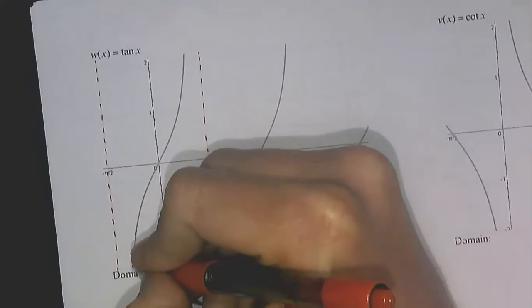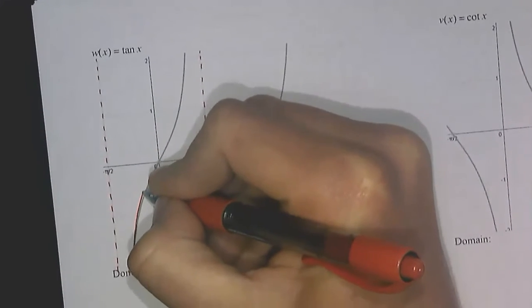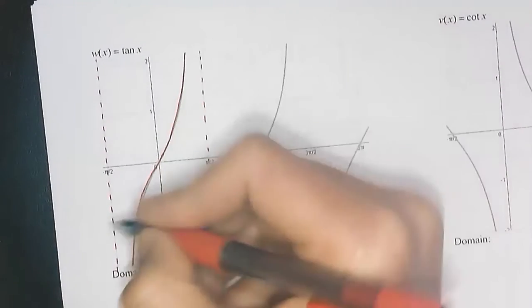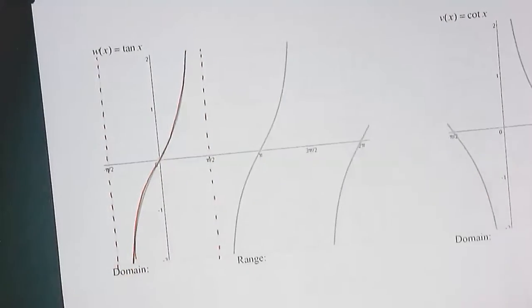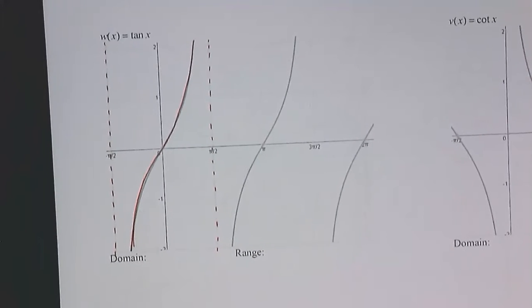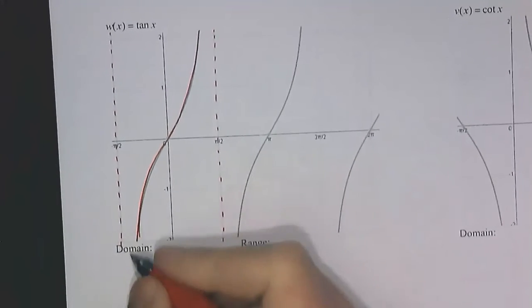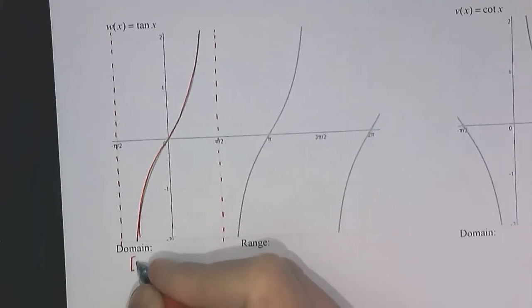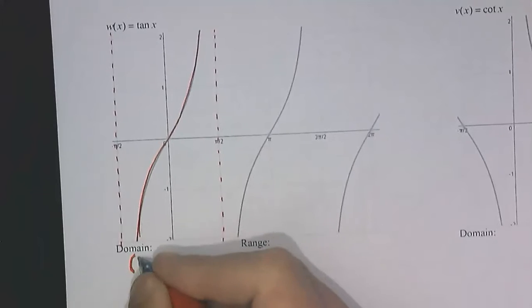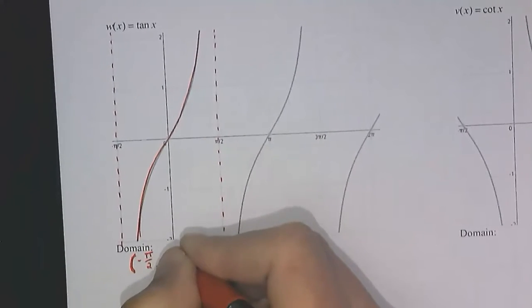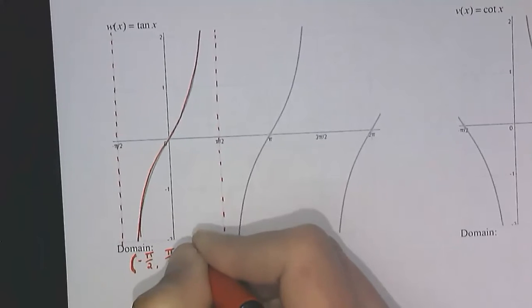So one of these pieces is going to be the thing that we invert. Cool. So our domain restriction on the tangent is going to go from, I guess it needs to be parentheses here, -pi/2 to +pi/2.